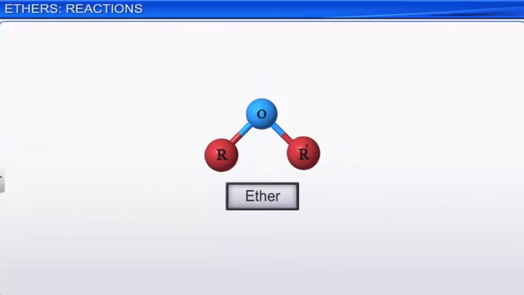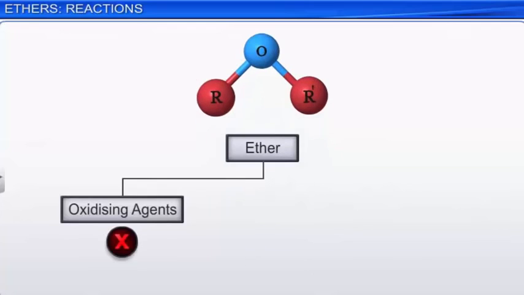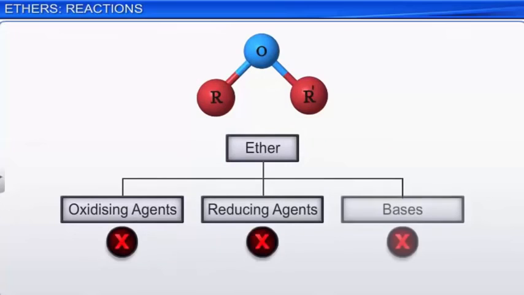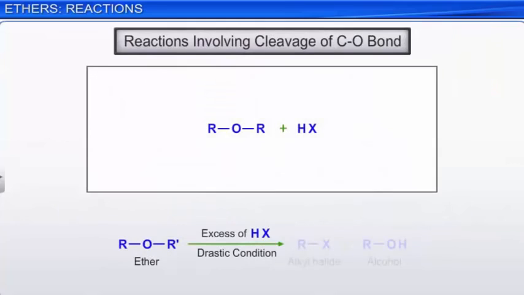The ether linkage is quite stable towards oxidizing agents, reducing agents, and bases. The cleavage of the carbon-oxygen bond in ethers takes place only under vigorous conditions by acids. Hence, acid-catalyzed cleavage of ethers occurs only under drastic conditions.